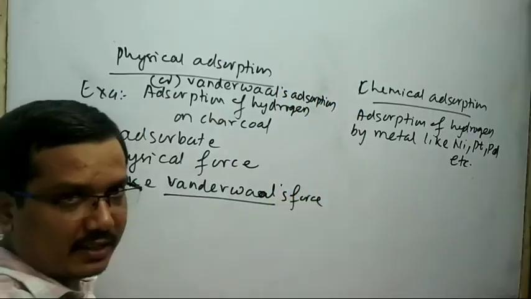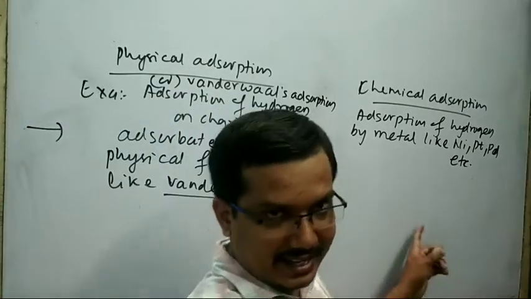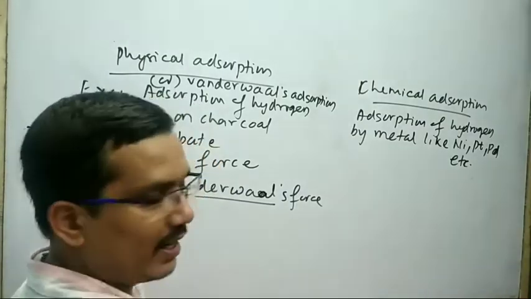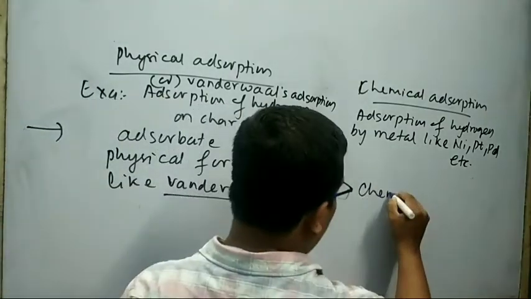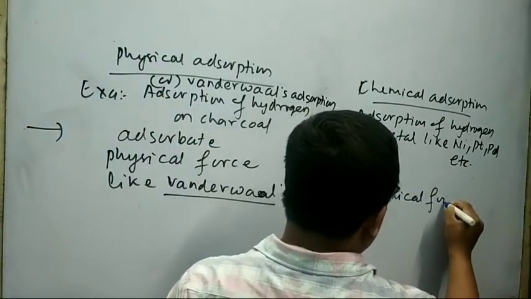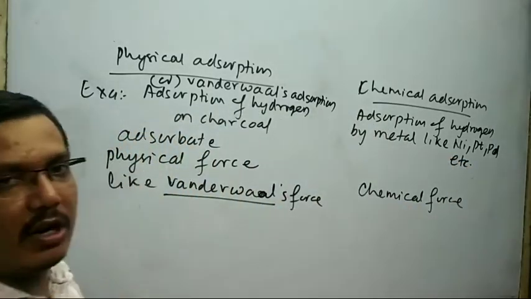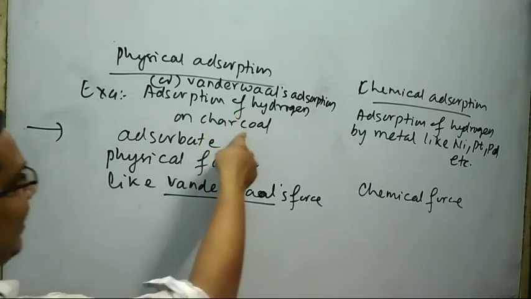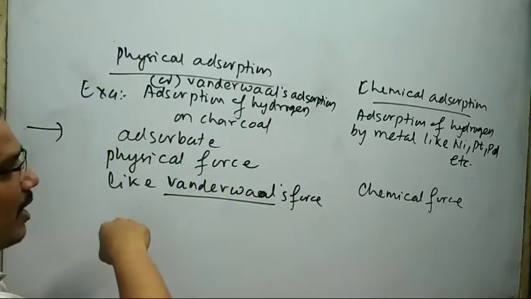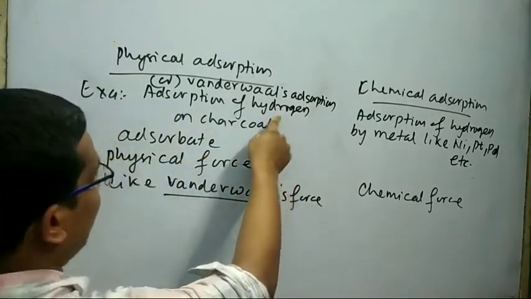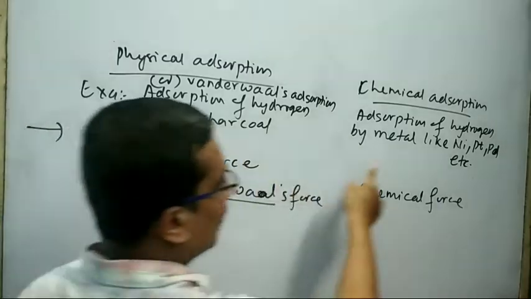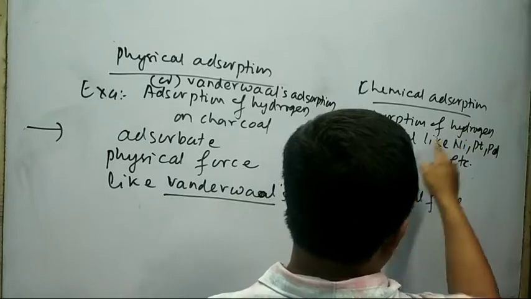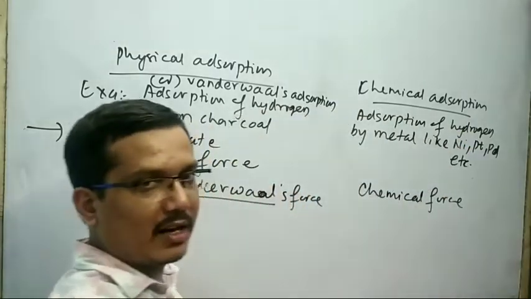On the other hand, if the adsorbate particles are held to the surface of the adsorbent by chemical force, then the adsorption is called chemical adsorption. That means in this case there is a weak attraction between hydrogen and charcoal, but in this case a strong attraction between hydrogen and the metal.